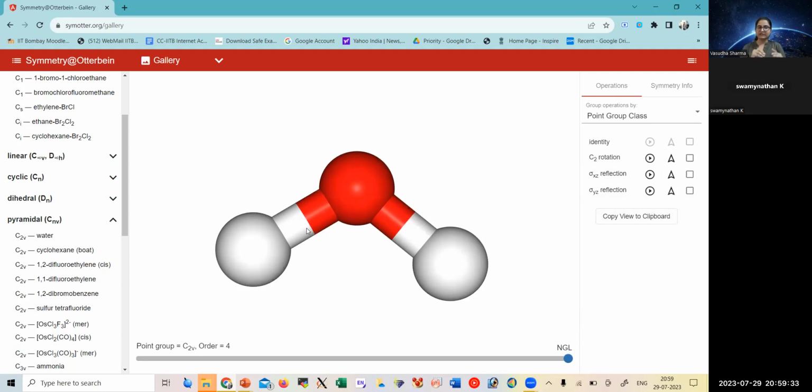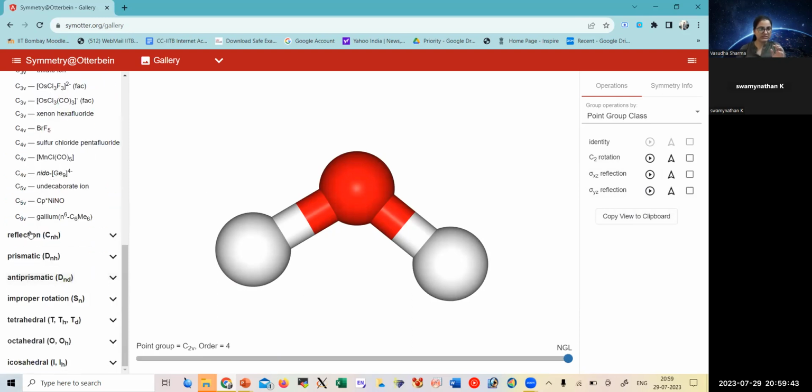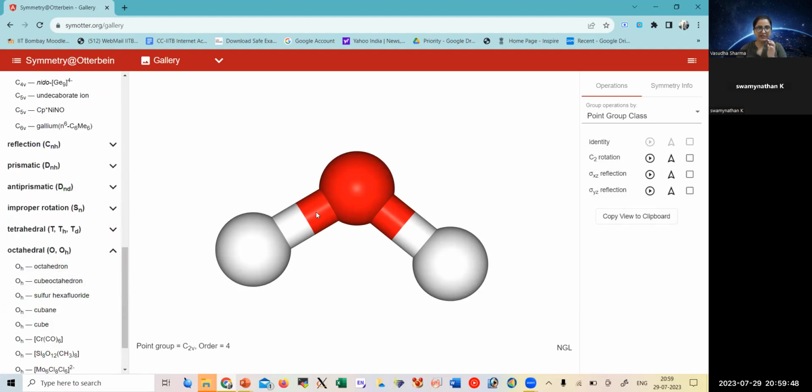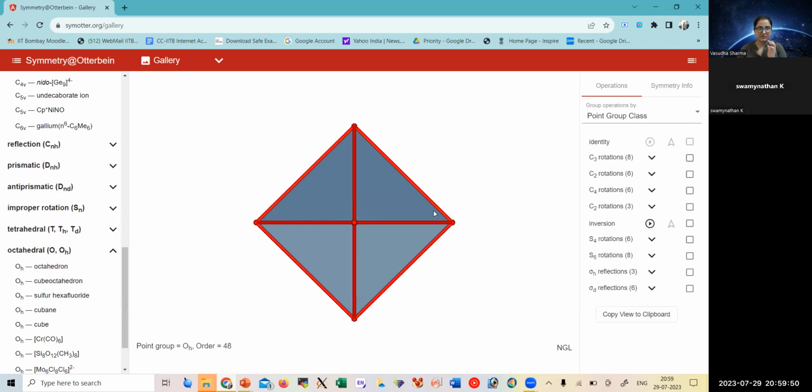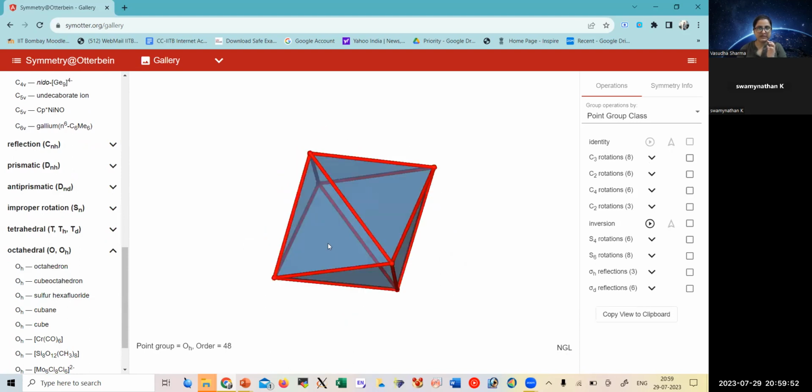You can go back and practice this, because this is what I started with, doing these molecules. This will give you a lot of images of how things actually work. For example, you can go for the octahedral one. The octahedron has all the faces as triangles.